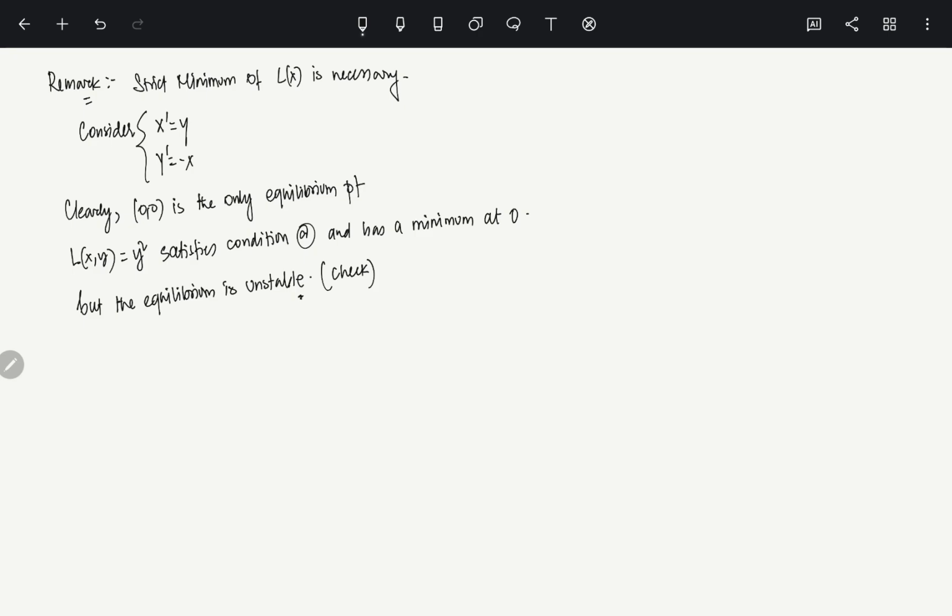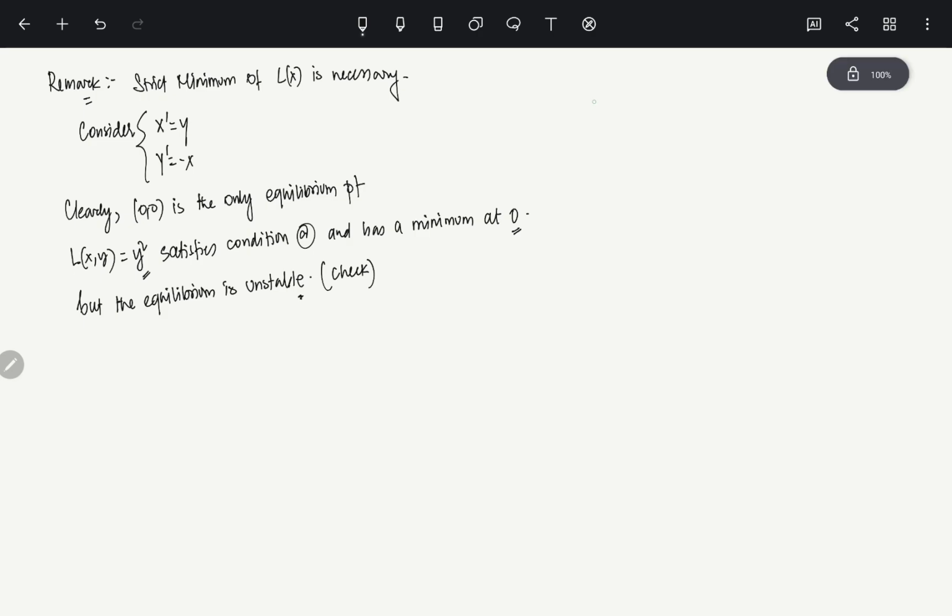So it is an unstable equilibrium. Even though L of x, y equals y square has a minimum of 0, the minimum is not a strict minimum. In that case the theorem does not hold and the equilibrium is unstable. Is it okay?